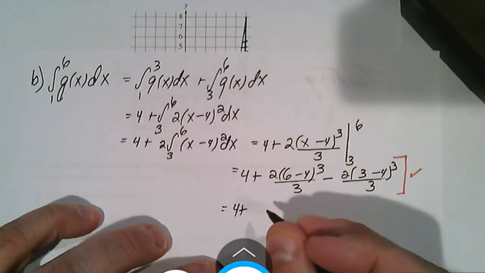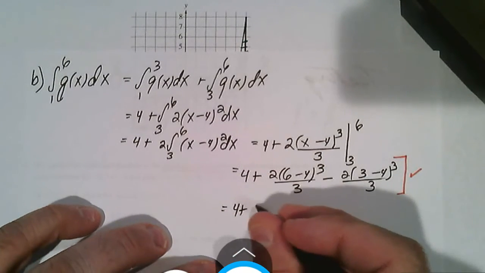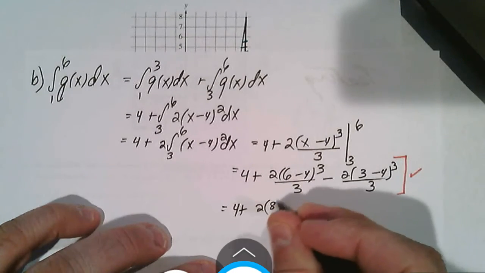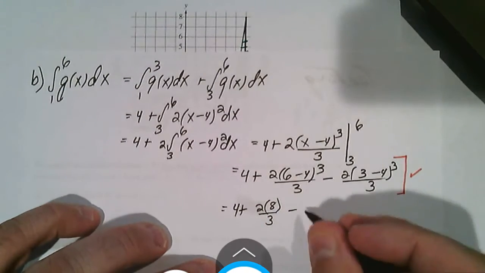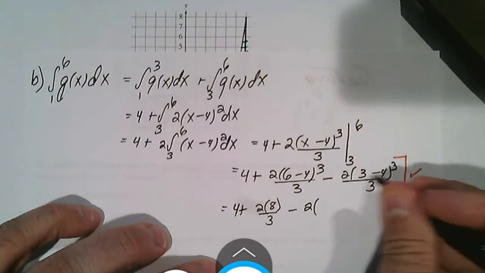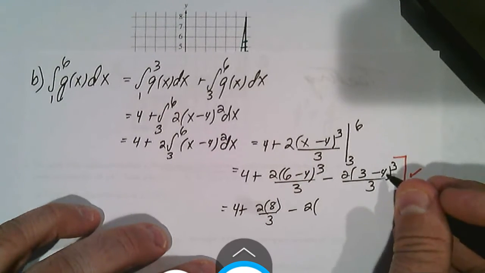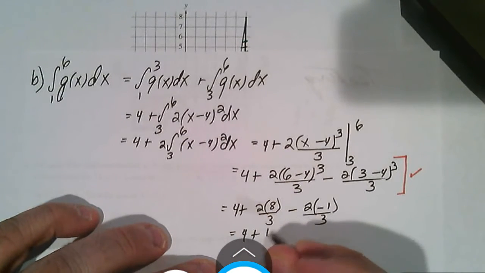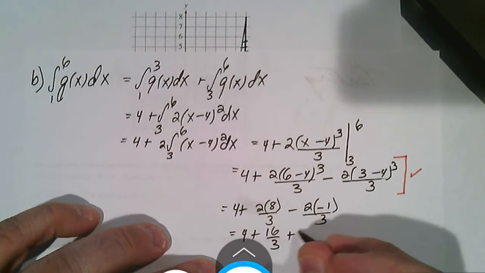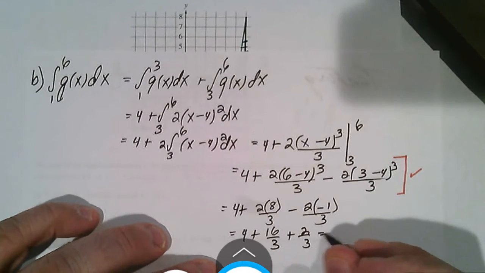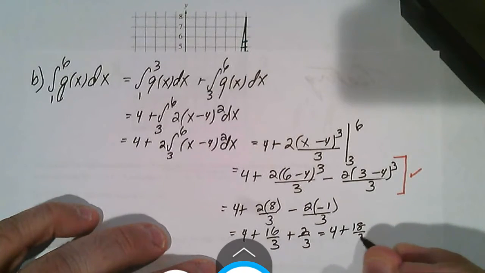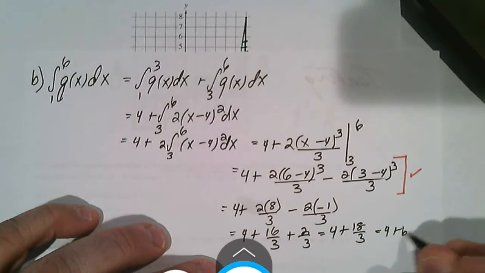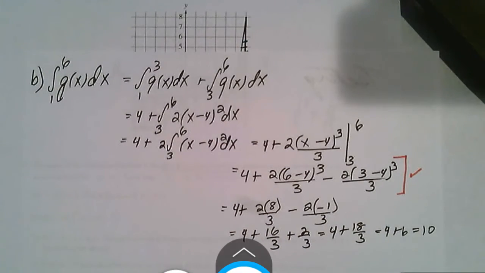If you want to go further and simplify, and I would not encourage you to do this, but let's do it. 6 minus 4 is 2. 2 cubed is 8 over 3 minus 2 times (3 minus 4), which is negative 1. Negative 1 cubed is negative 1 over 3. We get 4 plus 16 over 3 plus 2/3. Well, that's really 4 plus 18/3. 18/3 is really 6. 4 plus 6 is 10.